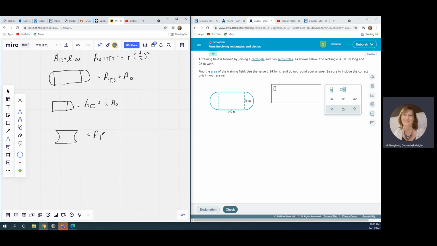So this is the area of the rectangle minus the area of a circle. And then if they only show one side missing, like this, then this is the area of the rectangle minus 1/2 the area of a circle.